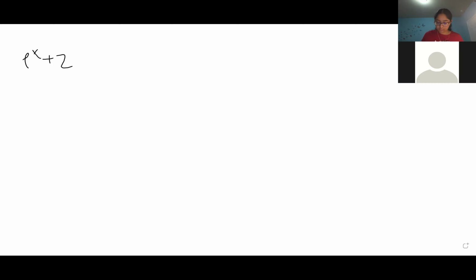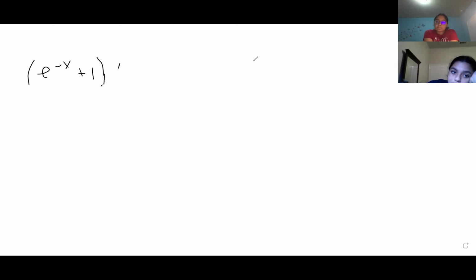Okay, basically it's e to the x plus 2. For this one, I put everything into the quotient rule and then I just didn't know where to go from there because there was a lot.